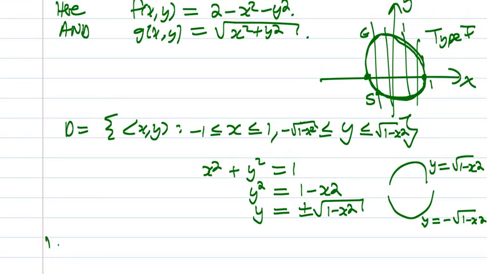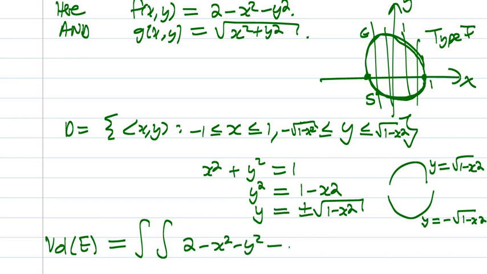So now we can say the volume of E equals a double integral, the top function, which is 2 minus x squared minus y squared, minus the bottom surface, which is the square root of x squared plus y squared. And we're going to write this as an iterated integral in the form dy dx.